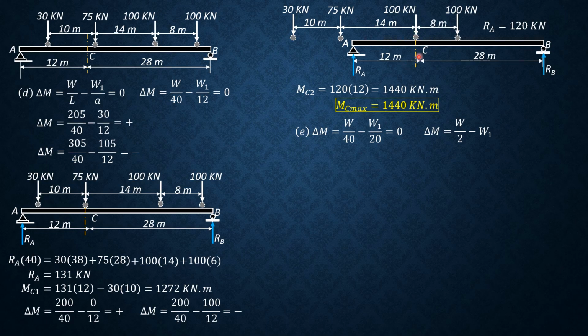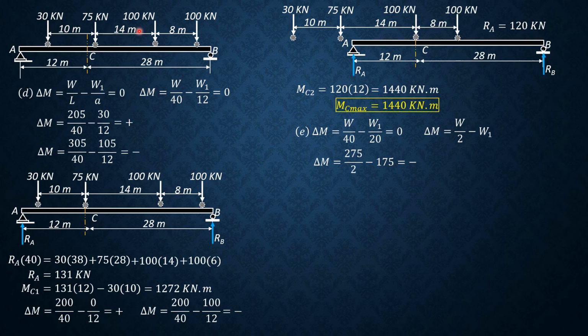Since the 100 kilonewton load gives maximum moment at C, the resultant and this 100 kilonewton load must be equidistant from the center to give maximum moment at C. So let's put the 100 kilonewton load over C. So W is 275, and 275 would be when this center load is just to the left of the center, so this 30 kilonewton load will be off span.